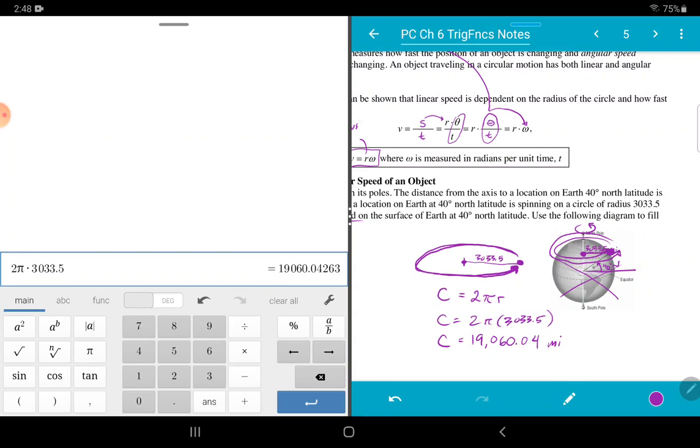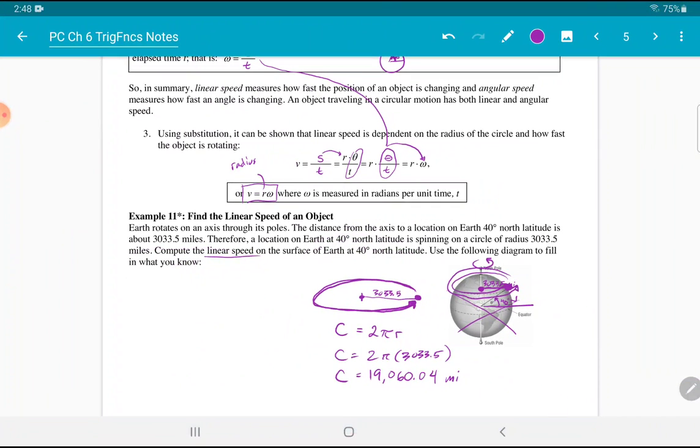And think about it, in terms of how long it takes, well, we know that the Earth revolves. You create one revolution for every 24 hours. That's how you go from day to night, right? So it's going to take a full day. It takes one full day to complete one revolution.